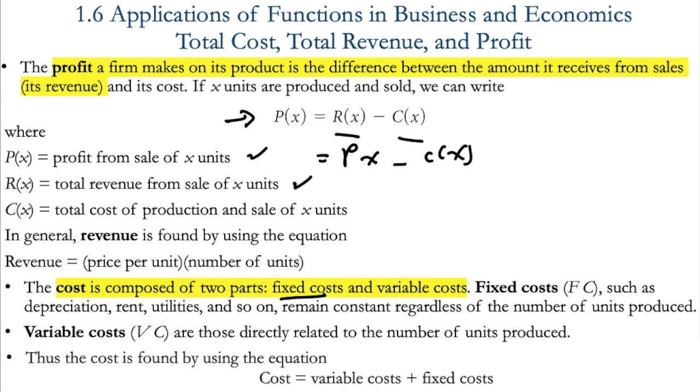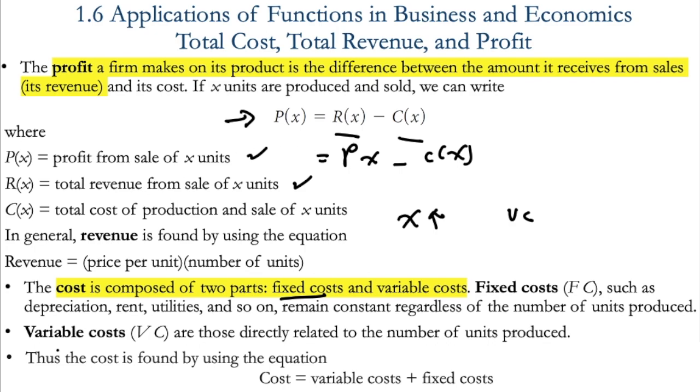Or when you purchase a factory, you buy it once, and the cost remains constant regardless of the number of units you produce. The second category of cost is called variable cost, VC. This cost is directly related to the number of units produced. Usually, if you increase the quantity or output produced, then you have to pay more for each additional unit. This is basically variable cost. So the total cost is given by variable cost plus fixed cost.